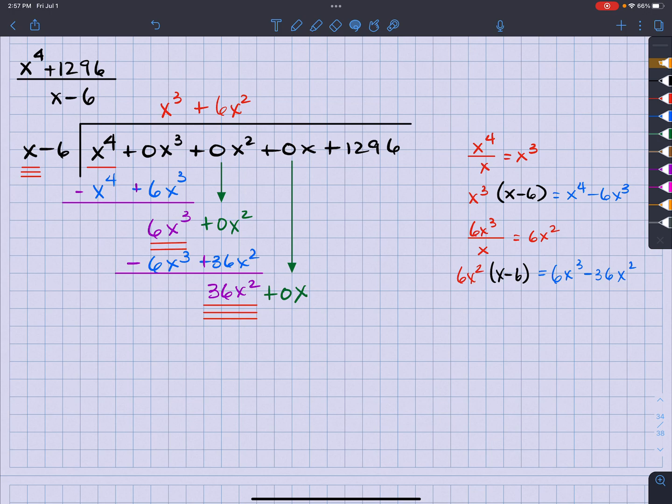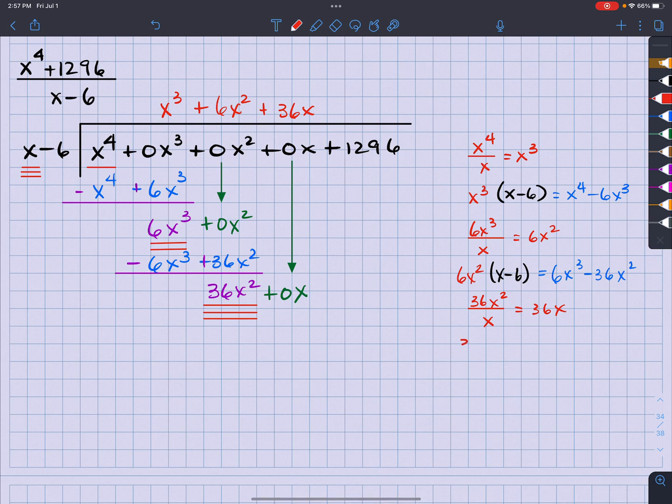Off to the side, I have 36x squared divided by x, and I get 36x. Since that's positive, I put down plus 36x.